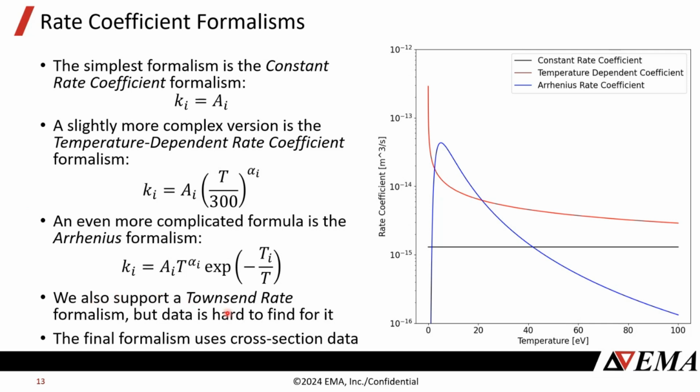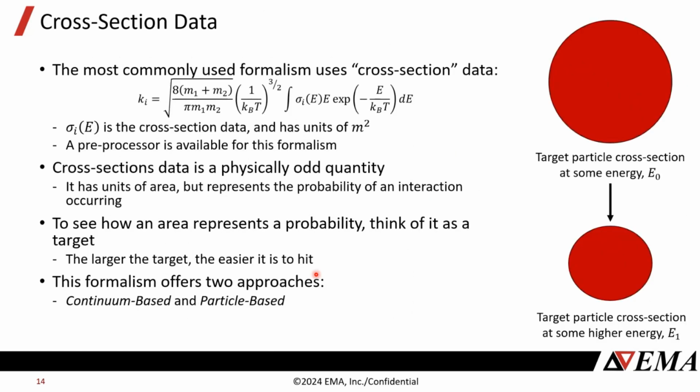And there's also a fourth formalism known as the Townsend rate formalism. The data is hard to find for this, so for the sake of time, I've opted to not include it here. But that is one of the formalisms available to you. And then the final formalism, the fifth one, uses cross-section data to compute the reaction rate coefficient. So how do we do that?